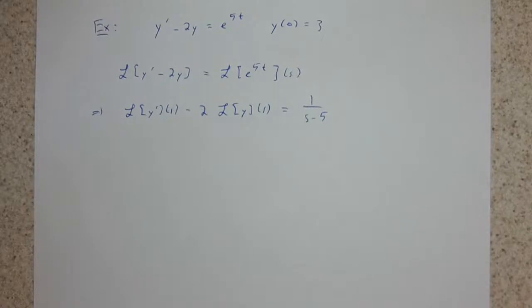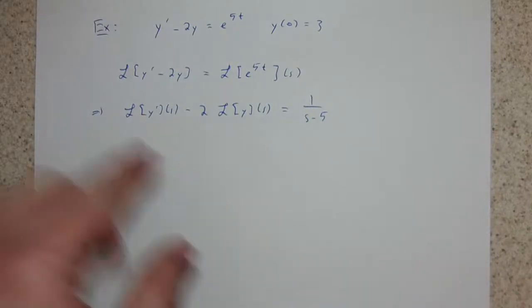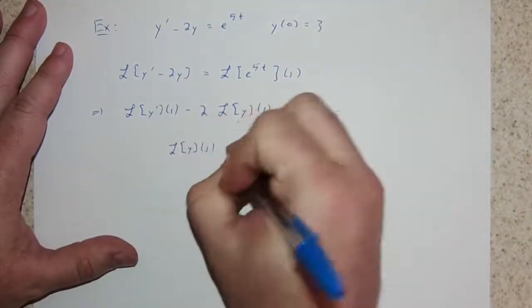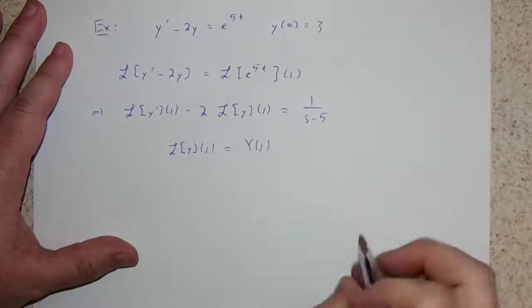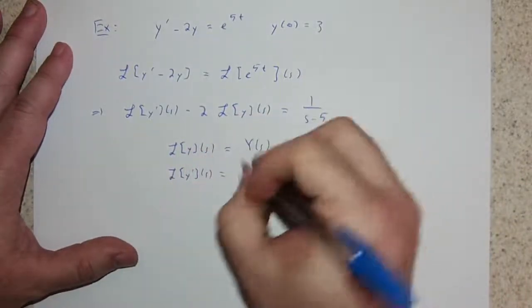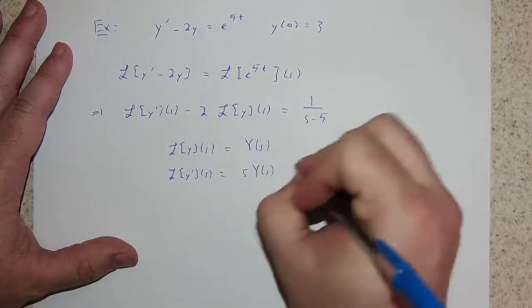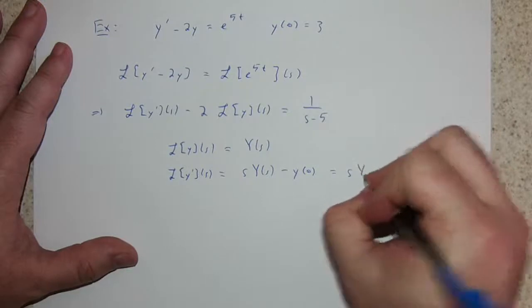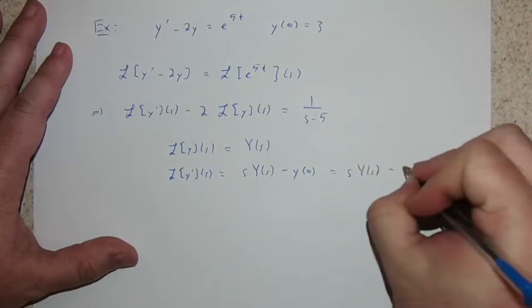Okay, using my fact that I rewrite this L of y of s as what I'm calling big Y, right? Then the L of y prime of s is s times Y of s minus y of 0. Y of 0 is 3 here, so this is s Y of s minus 3.